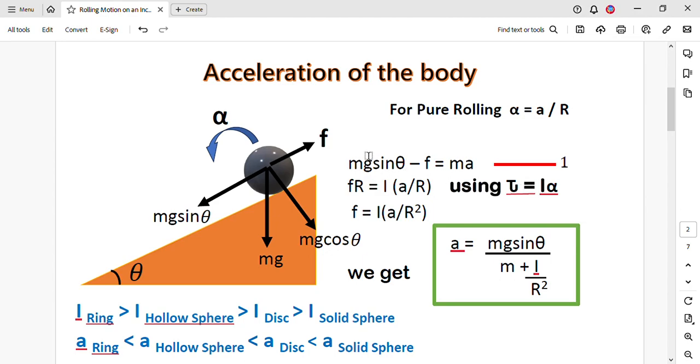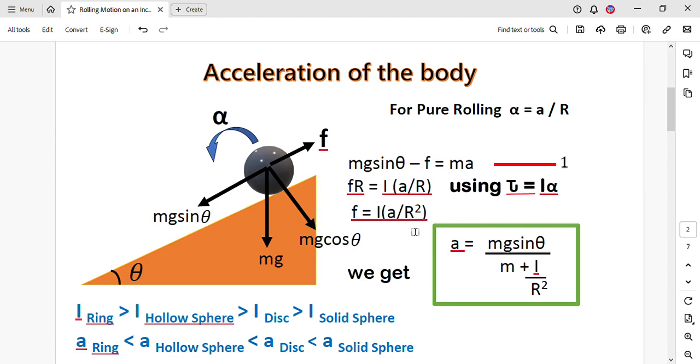Torque is created by the frictional force, so torque is Fr, where I is the moment of inertia of the body and alpha is its angular acceleration, a by r. By rearranging the terms we get F equal to I a by r square.